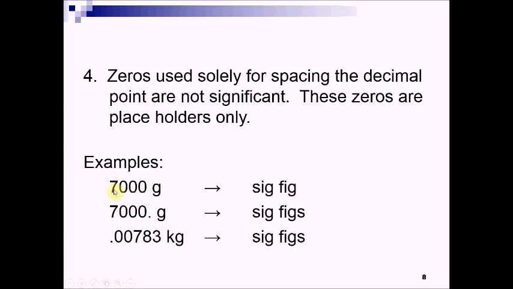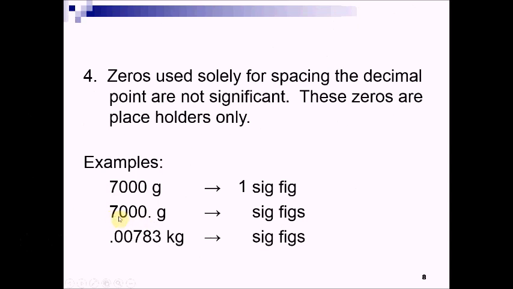Or was your equipment measuring 1,000 grams at a time? Because really the 7 is the guess in this case. So this is actually considered one significant figure. If you can imagine a piece of equipment that's measuring 1,000 grams at a time, where the 7 is the guess, only the 7 counts as part of our significant figures.